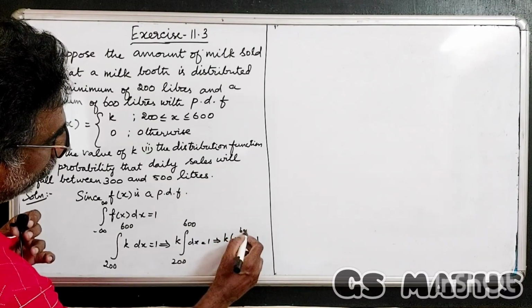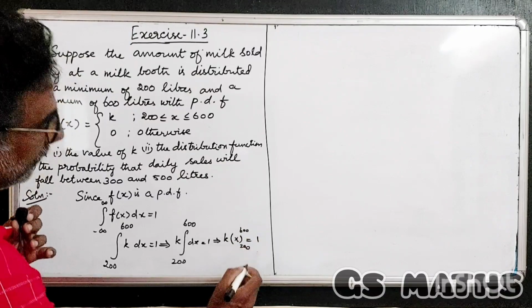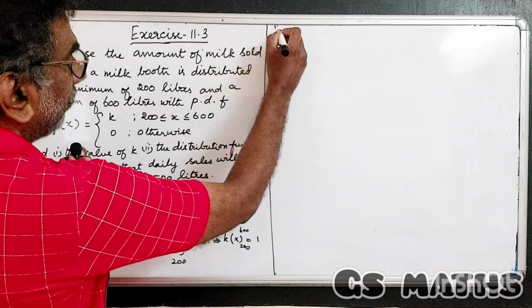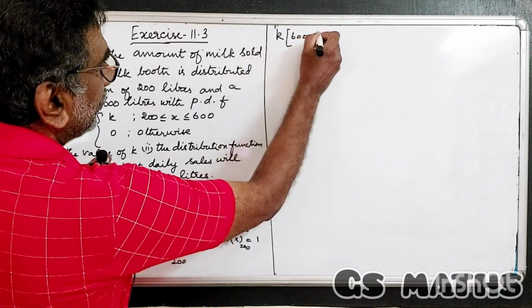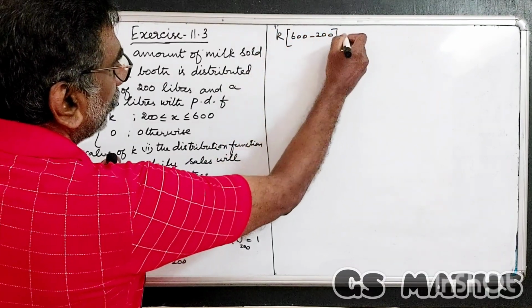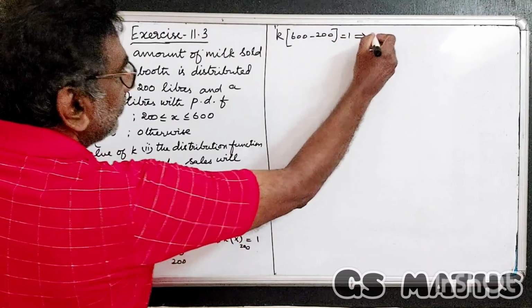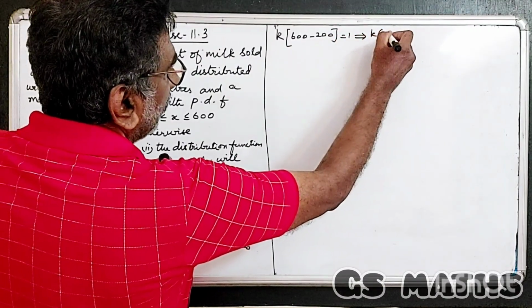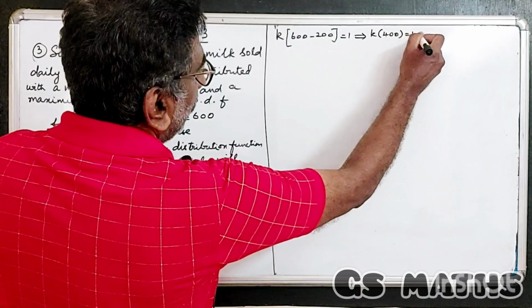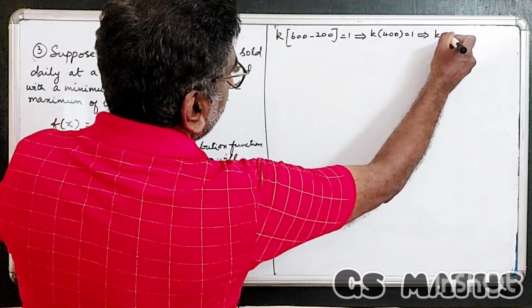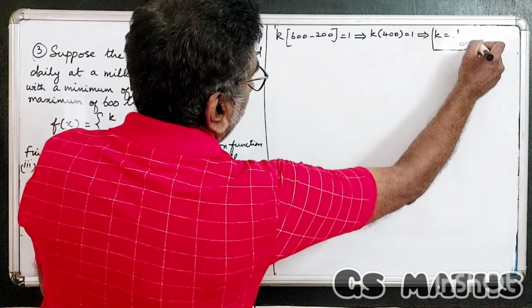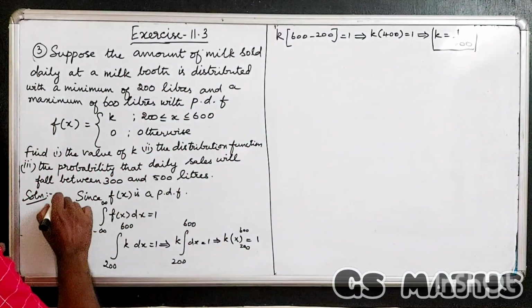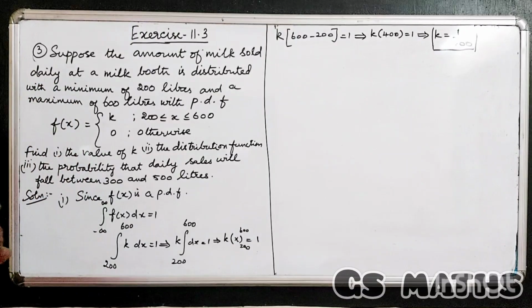Now this is k into the upper limit 600 minus 200, which is equal to 1, which implies k into 400 is equal to 1, which implies k is equal to 1 divided by 400. So the first part is over, that is to find the value of k.